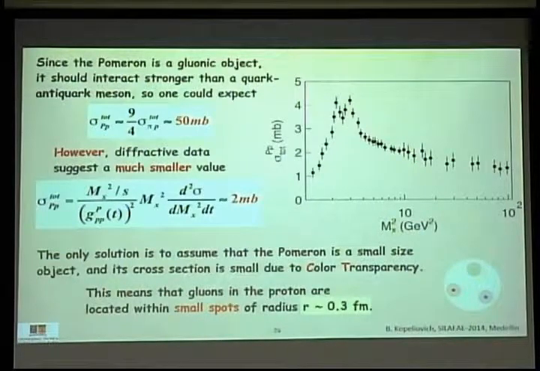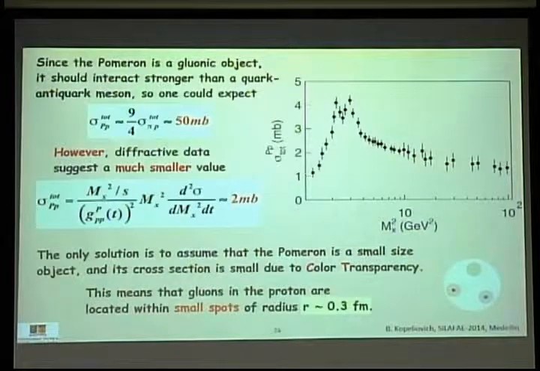And it was measured. When you measure the triple Pomeron term, you can directly extract the Pomeron-proton cross-section from data. And the result is shown here as a function of the invariant mass squared of the final excitation.